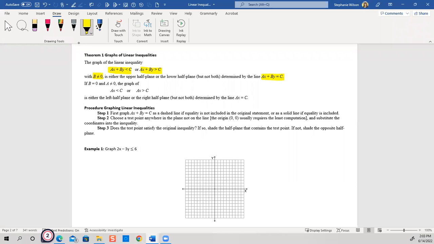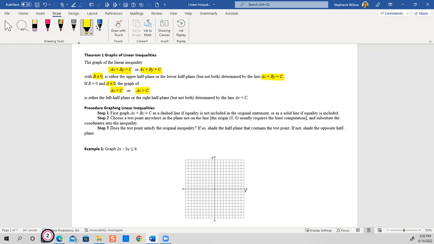And a and b can't both equal 0 because then we don't have any variables at all. So in order to have an upper half plane or a lower half plane, we cannot let b equal 0.